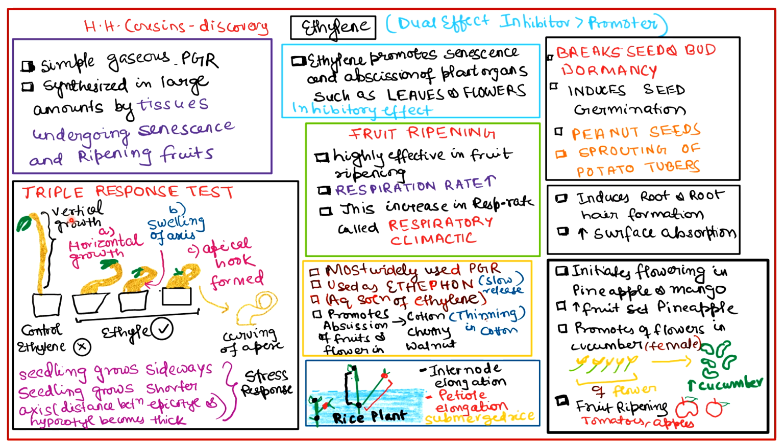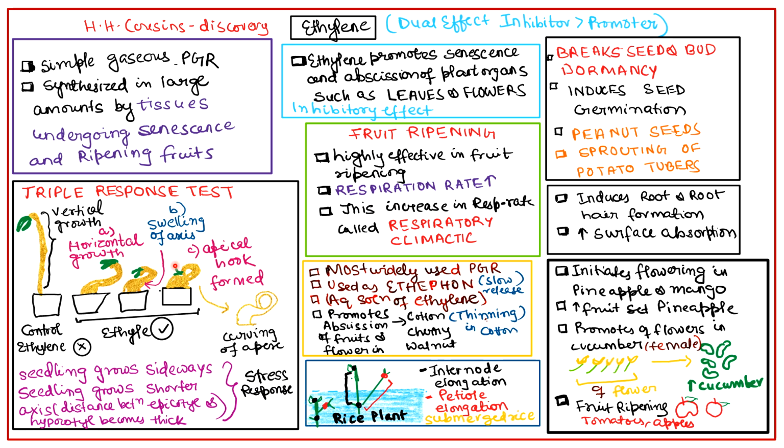Now, when you apply ethylene, what happens? The axis which is growing vertically, you see the seedling should be vertical in a control condition, that bends and there is horizontal growth. So that is the first response, horizontal growth of the seedling.